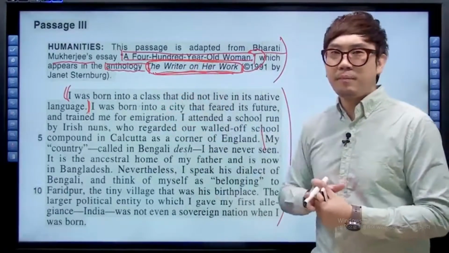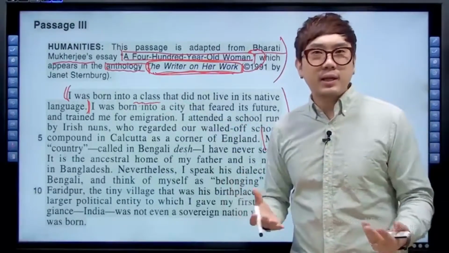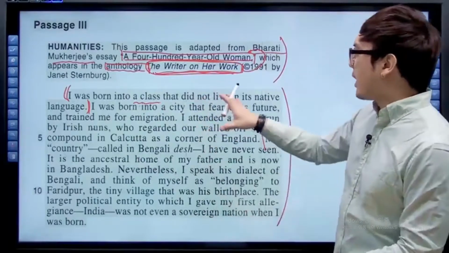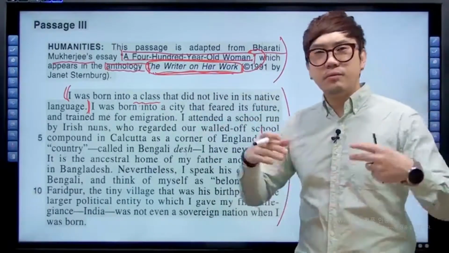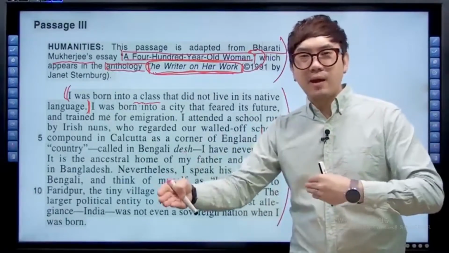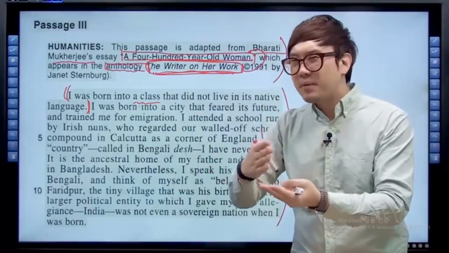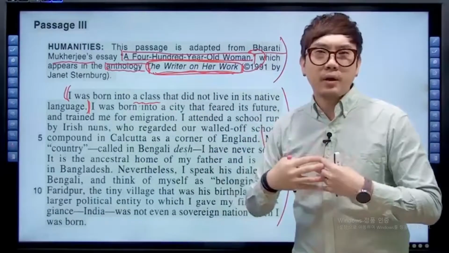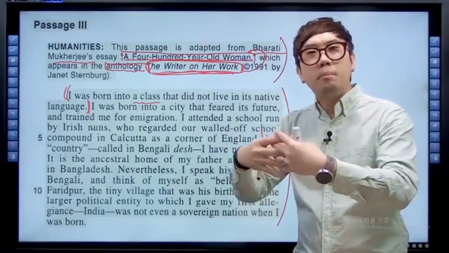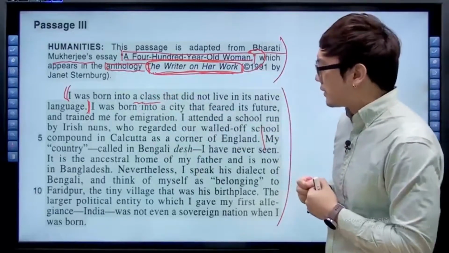She was born into a class, so I guess the society she lived in still had the class system, and not living in its native language means she was somehow segregated from the society because she was an outsider, or rather her family or her people were outsiders to this particular part of the town or village.